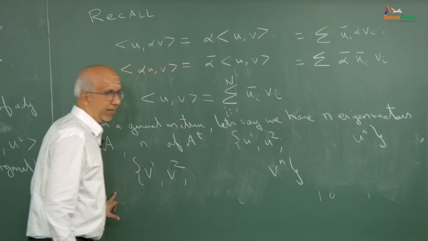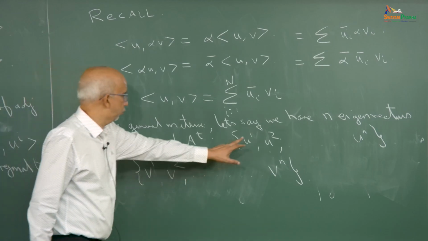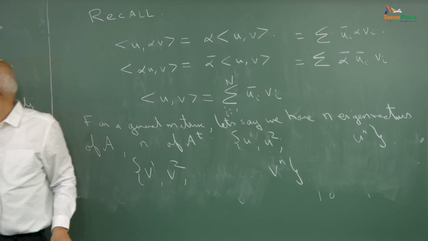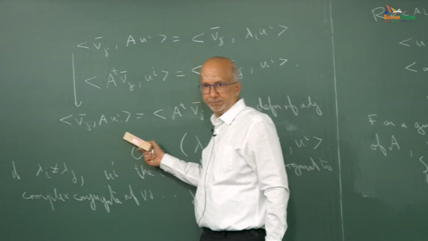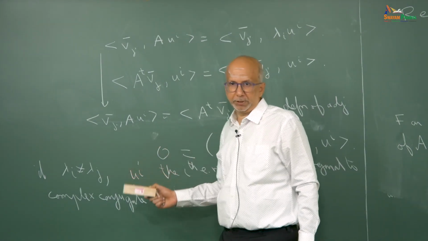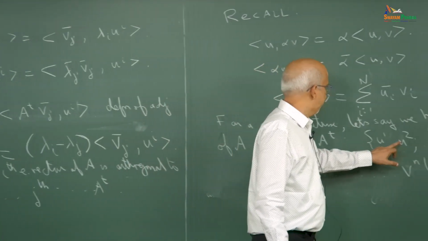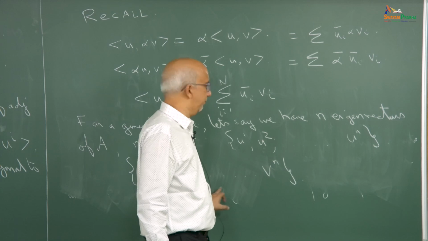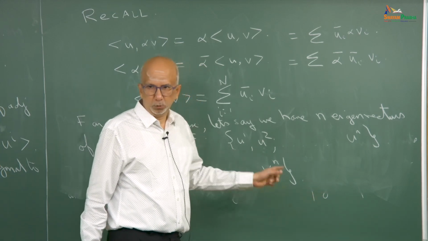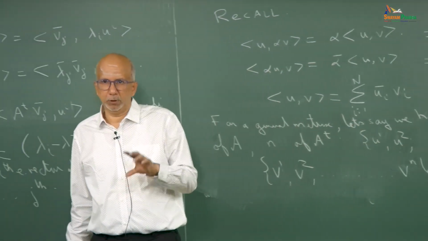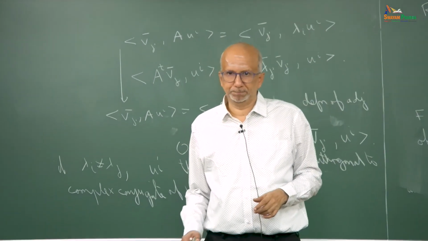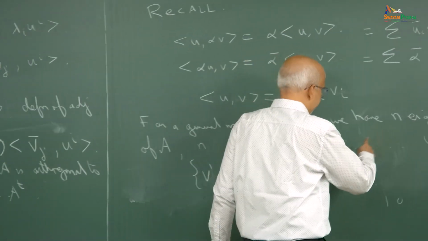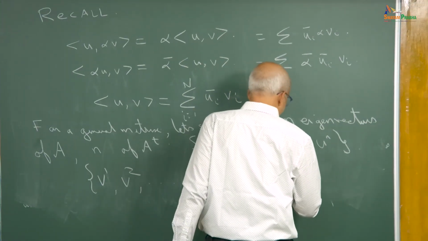U2 with V1 bar is orthogonal, U2 with V3 bar is orthogonal, U2 with V2 is not orthogonal because i is not equal to j. U2 is not perpendicular to V2 bar because it corresponds to the same eigenvalue. So basically this set of eigenvectors that I have written is in the same order.